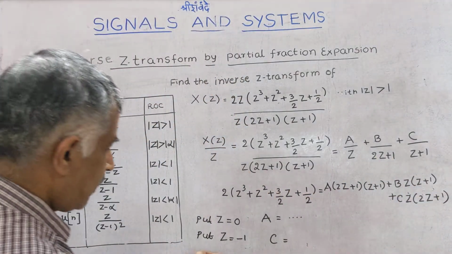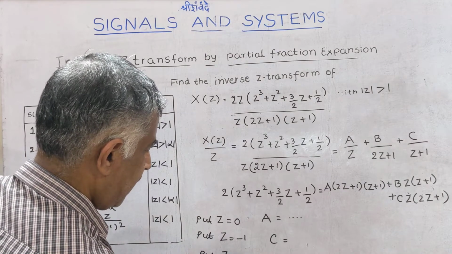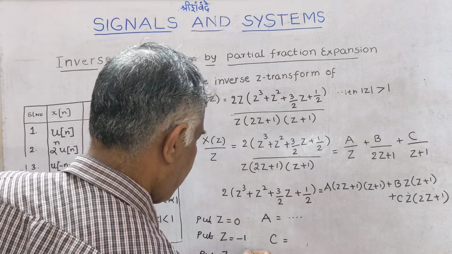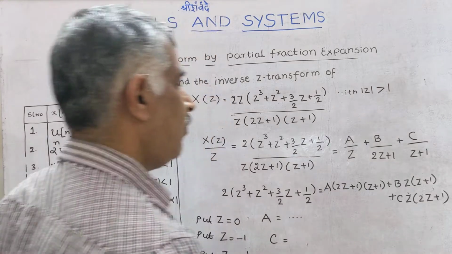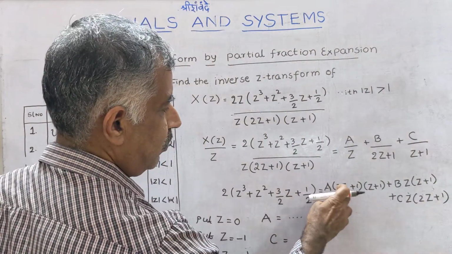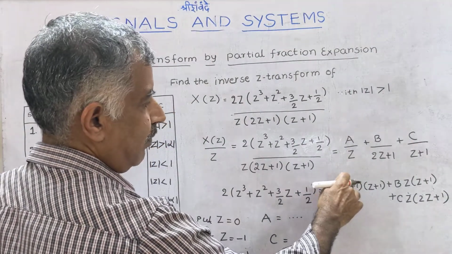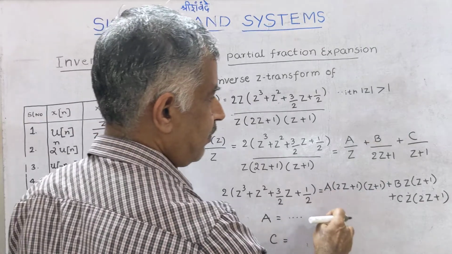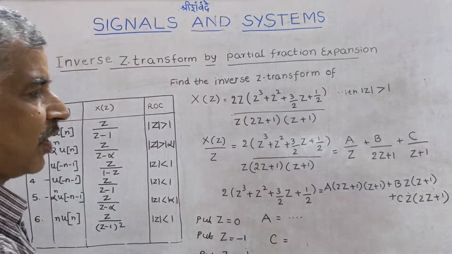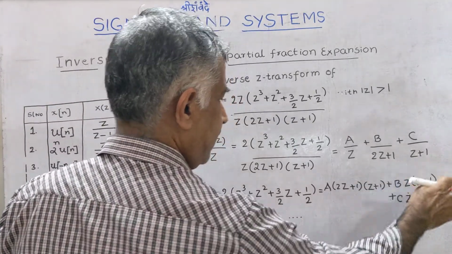Next, put z equal to minus half. If you put z equal to minus half, this term becomes 0 because 2 into minus half is minus 1, plus 1 is 0. This term becomes 0 and that term becomes 0, and we are left with this term.